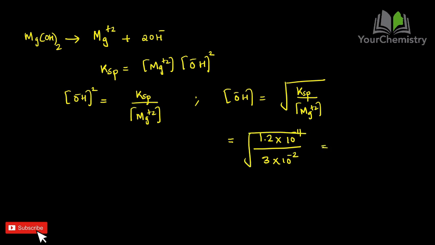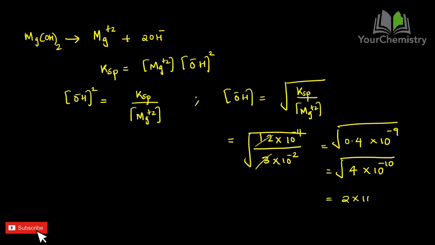Or this, we can simply make it like 0.4 into 10 to the power minus 9, right? Or this will be 4 into 10 to the power minus 10, whole root, which is equal to 2 into 10 to the power minus 5 molar.